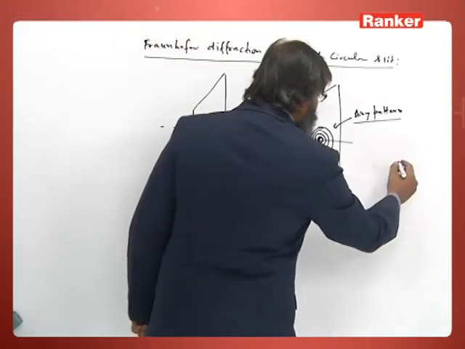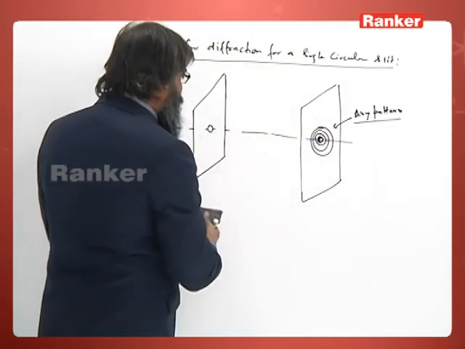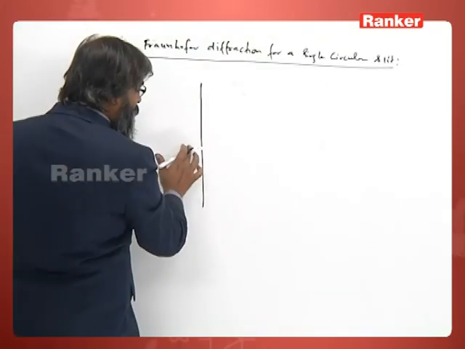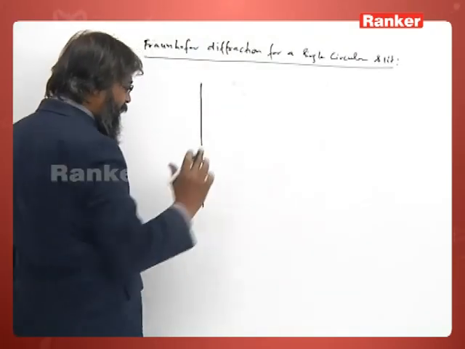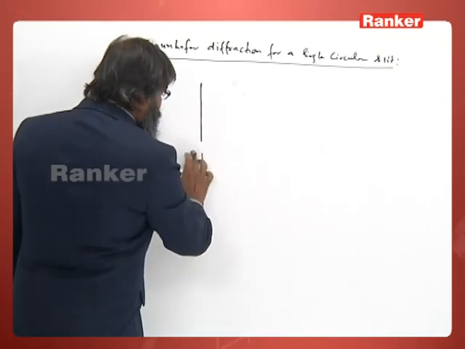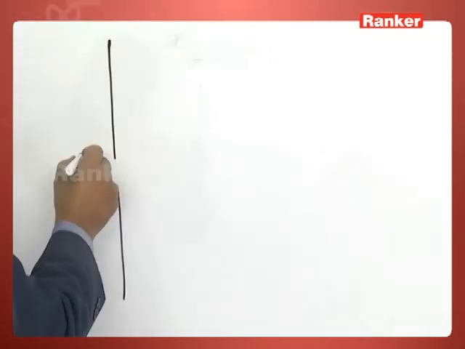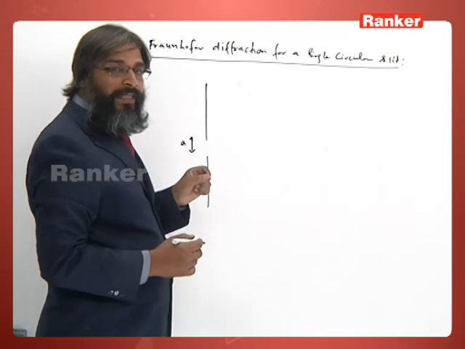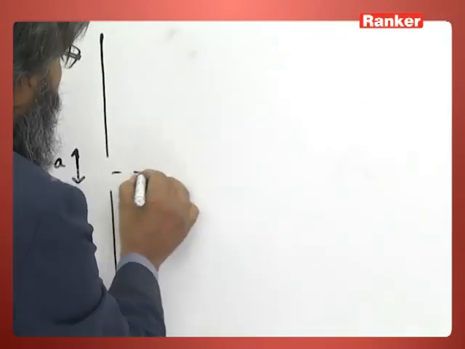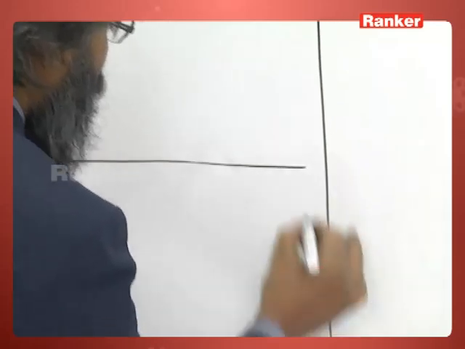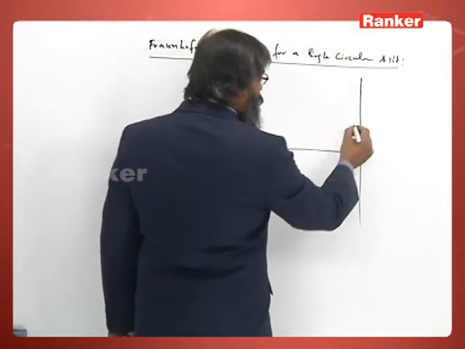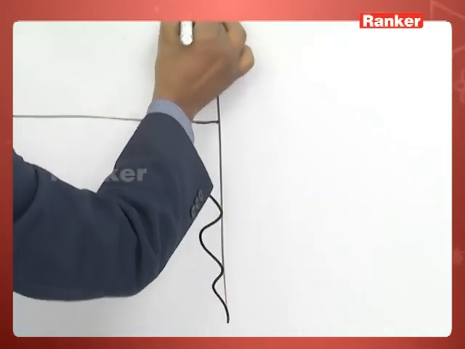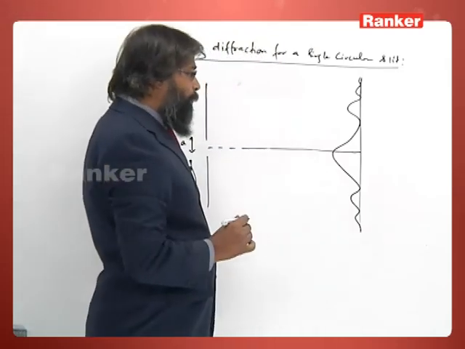Let us draw another diagram. This is my slit with a circular opening. Let us exaggerate it. This width is A, the diameter of the circular opening, and on the screen we will get a distribution called the Airy pattern.